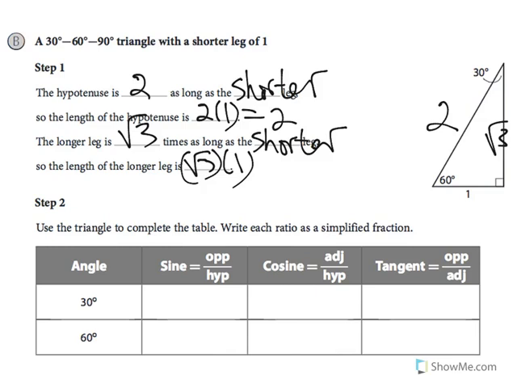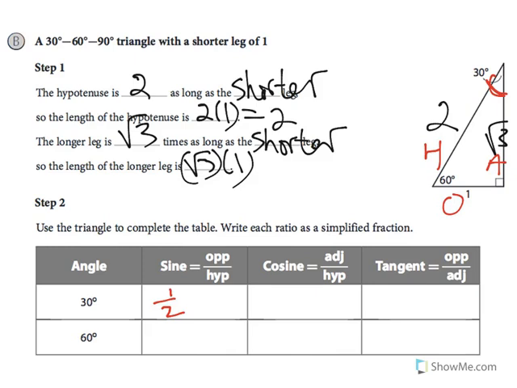Okay, step 2, complete the table. Use the triangle to complete the table. Write each ratio in simplified form. So for 30 degrees, we're observing from this angle, so we have opposite, adjacent, and hypotenuse. So sine of 30 degrees is opposite over hypotenuse, so it's 1 over 2, so 1/2.